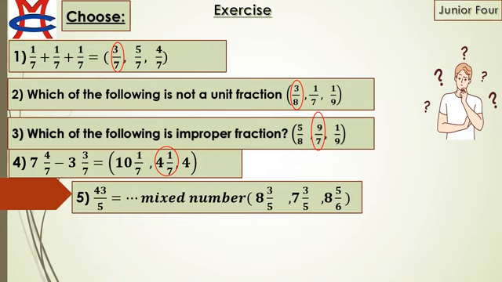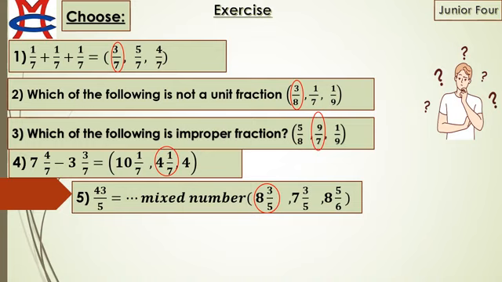We go back from 43 into 40. 5 times what equals 40? 5 times 8 equals 40. To get 43, we count 3. So the answer is 8 and 3 over 5, 8 and 3/5.